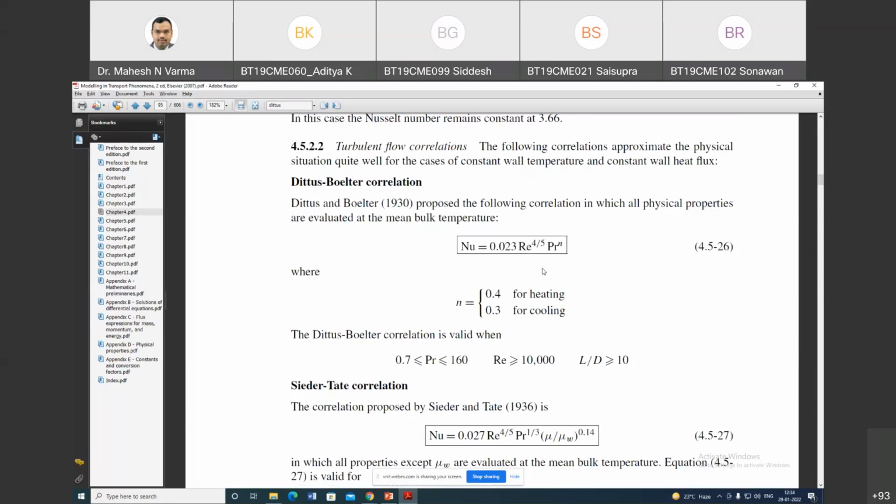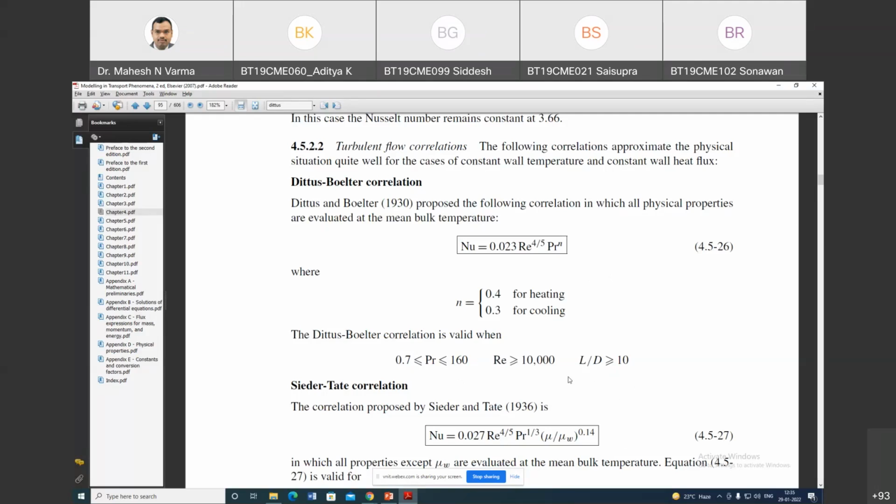They fitted their values and got the constants 0.023, 4 by 5, and n for all their experimental values. Their range of Prandtl number was lowest 0.7 and highest 160. They did the experiments for Reynolds number greater than 10,000, and all the geometries had L by D greater than 10.